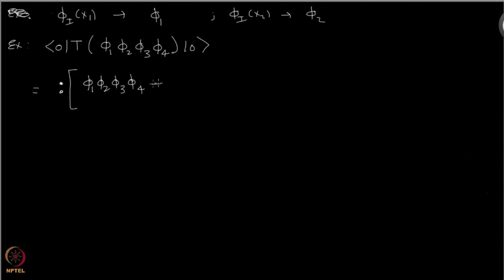In the case of 4 fields, you will be able to show that you have this term plus phi 1, phi 2, phi 3, phi 4, and a contraction between phi 1 and phi 2, plus, now instead of 1 getting contracted with 2, 1 will get contracted with 3.